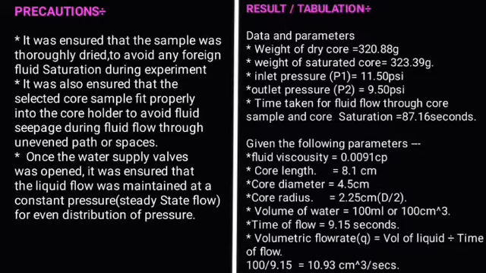Volume of water used is 100 ml, and time for the flow is 9.15 seconds. The volumetric flow rate is equal to volume of liquid divided by the time for it to flow, and the answer to that is 10.98 centimeter cube per second.